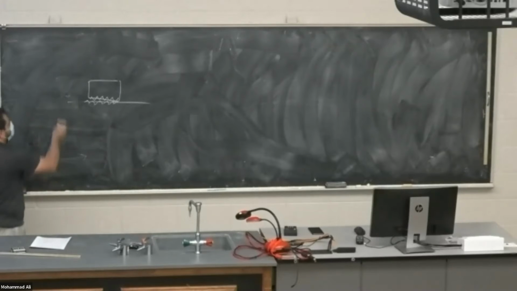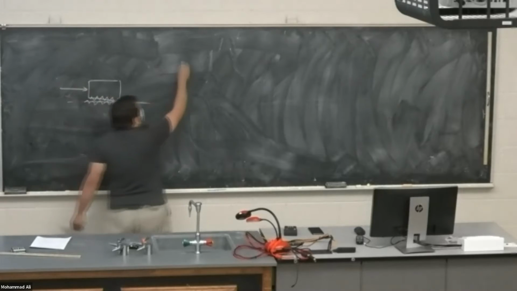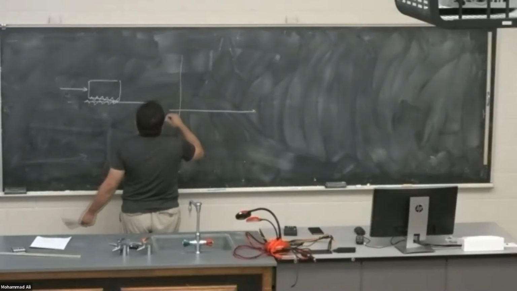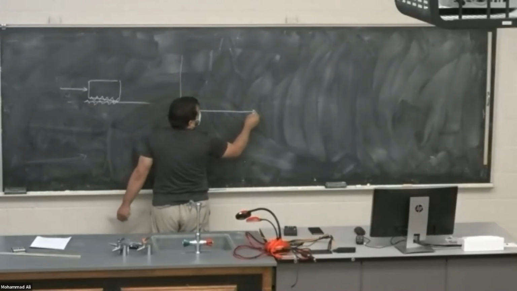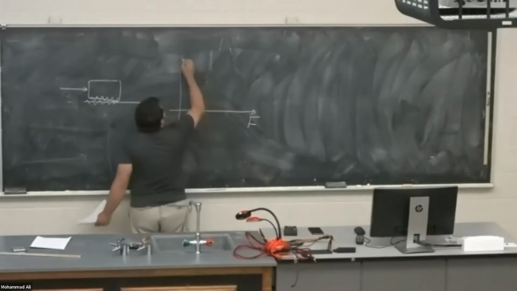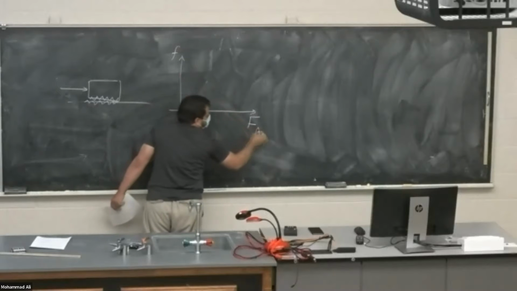And if we apply a force, I will start an experiment with you, and you will do, I think, the same experiment in the lab. This is the frictional force. This is the applied force.